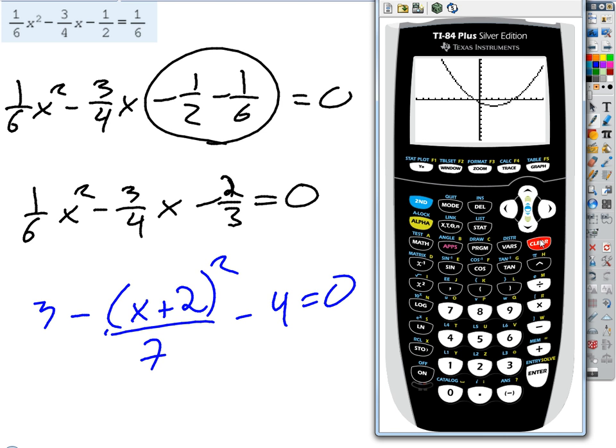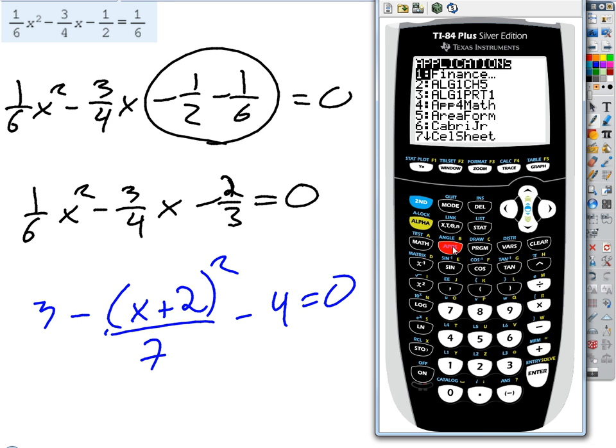If I go into apps, and if you don't have this app, we'll put it on your calculator. If I go up to one called, where is this? Maybe I need to just use alpha. Okay, I'll use alpha.